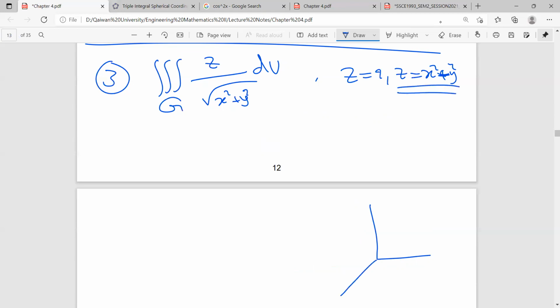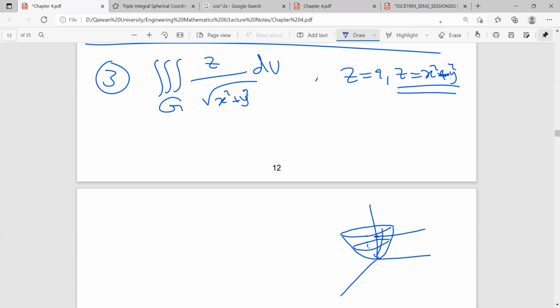Here, the graph of z equals x squared plus y squared. It is a paraboloid. It's like this. It says the region is bounded by this function and z equals 2.